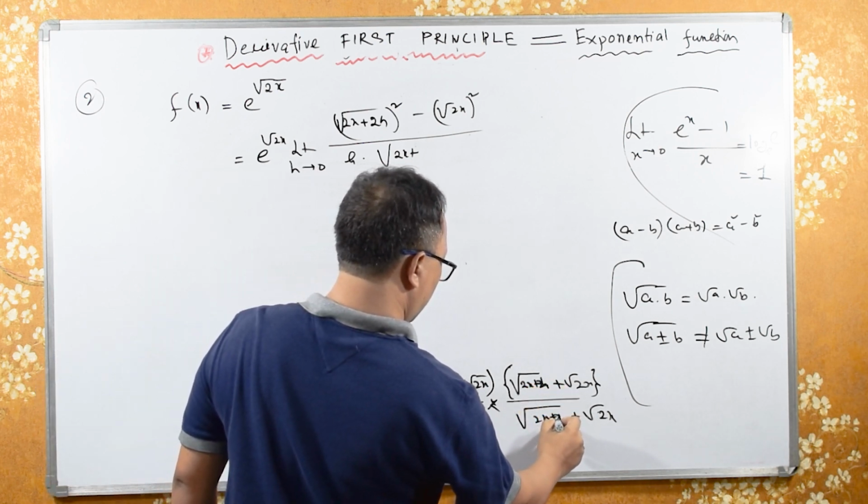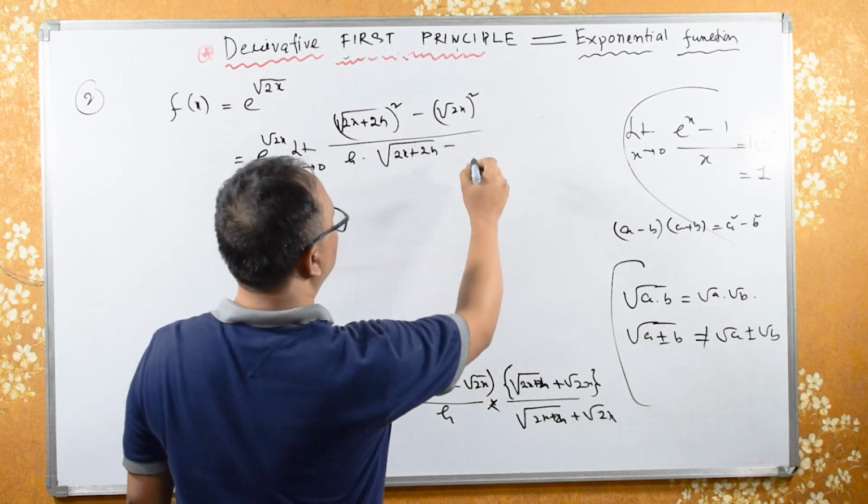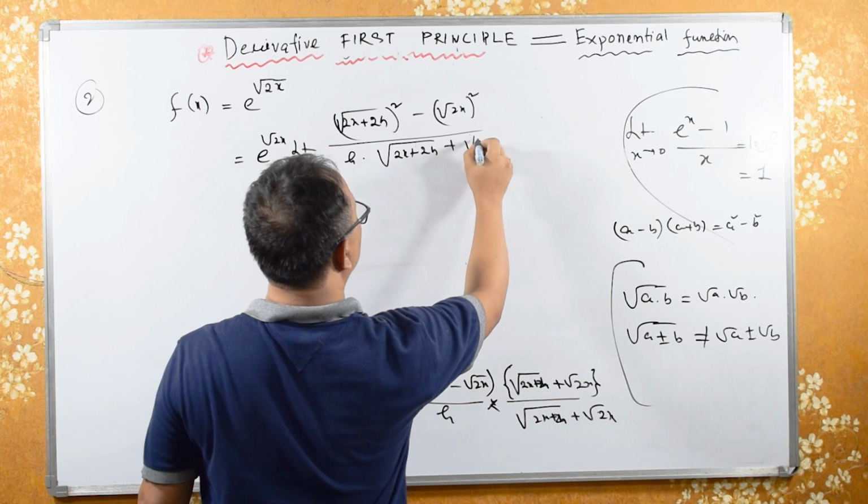Okay, twice x plus twice h plus square root of twice x.